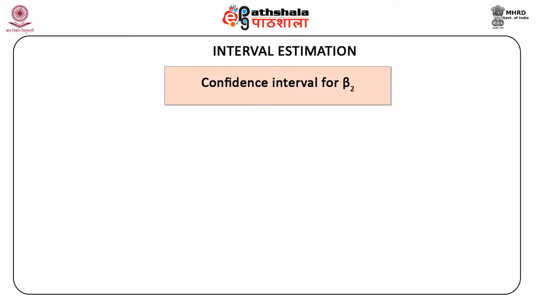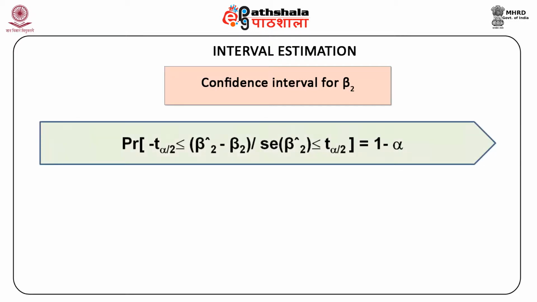The confidence interval for the slope coefficient beta 2 is Pr[minus T alpha divided by 2 is less than or equal to (beta hat 2 minus beta 2) divided by SE beta hat 2, which is less than or equal to T alpha divided by 2] which is equal to 1 minus alpha.